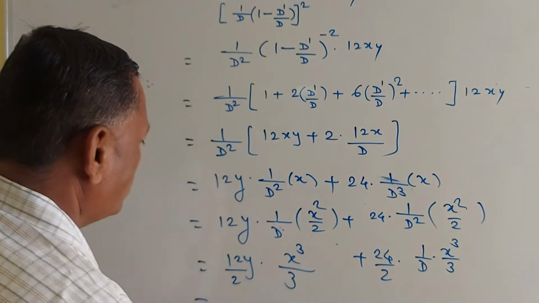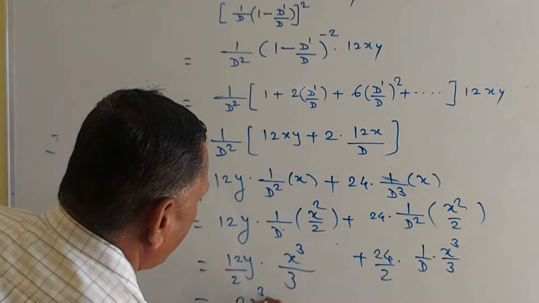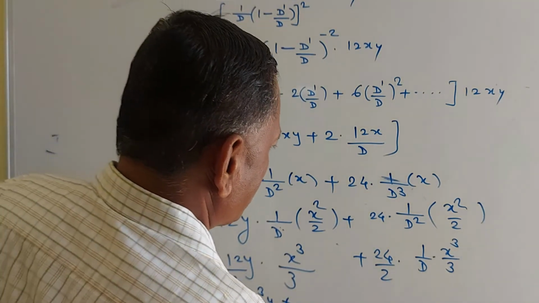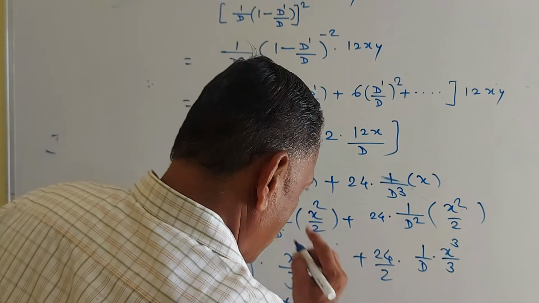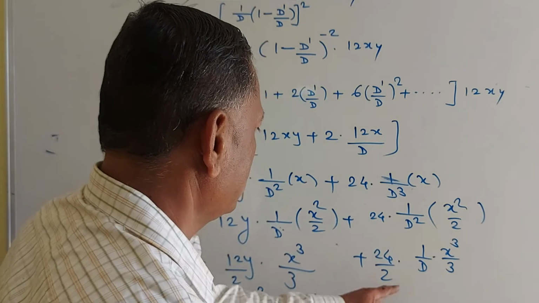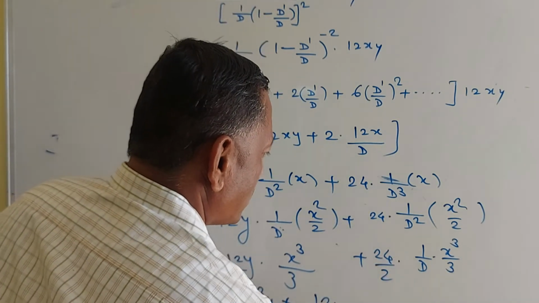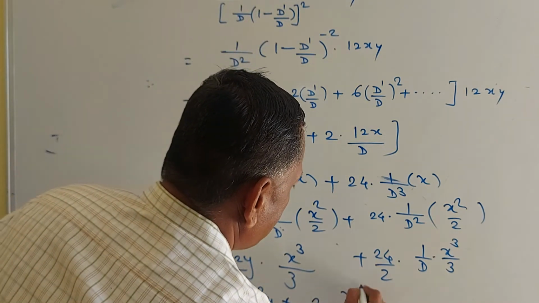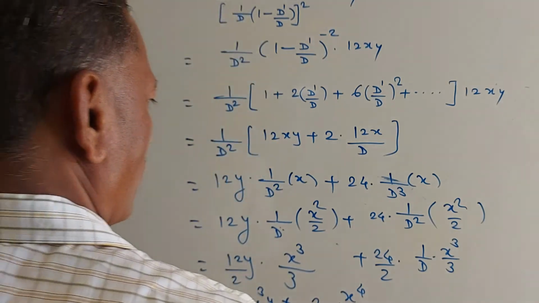Therefore it is equal to 2x cube y plus 24 upon 2 means 12, and here 3 into 2 is 6, 24 upon 6 means 4, into x raised to 4 upon 4.